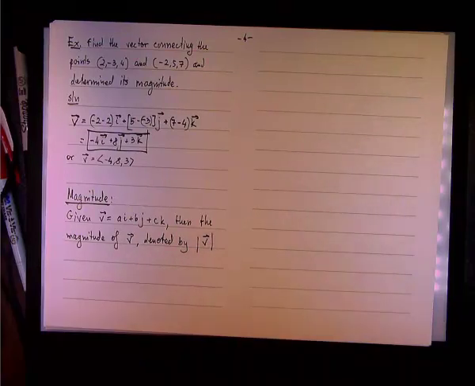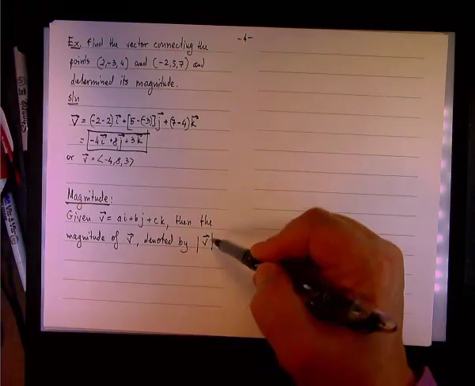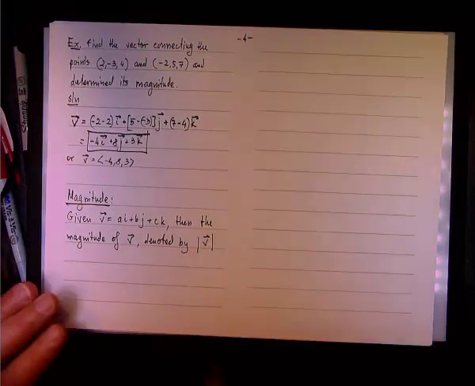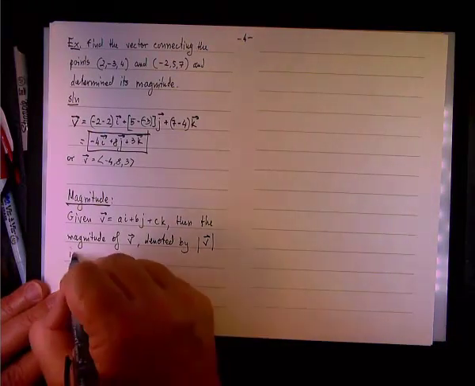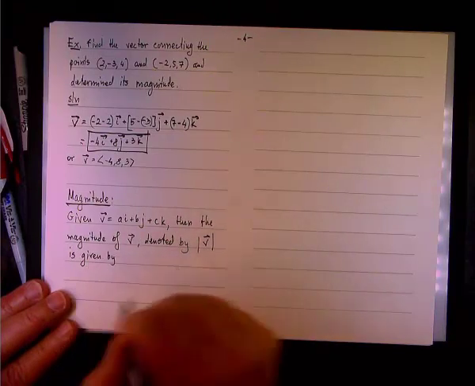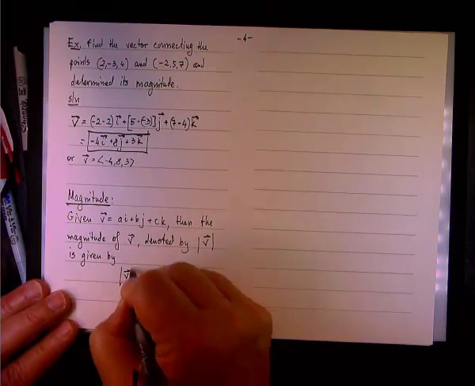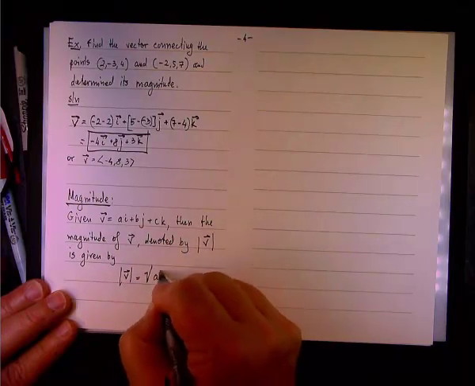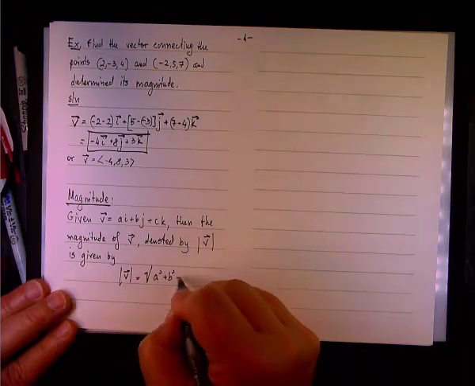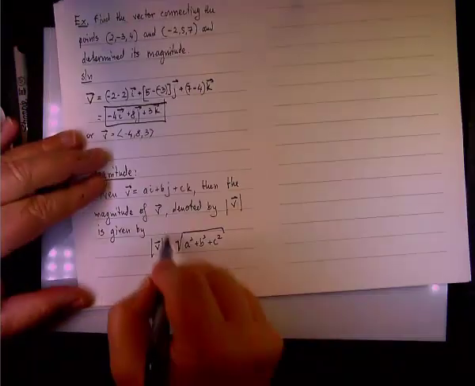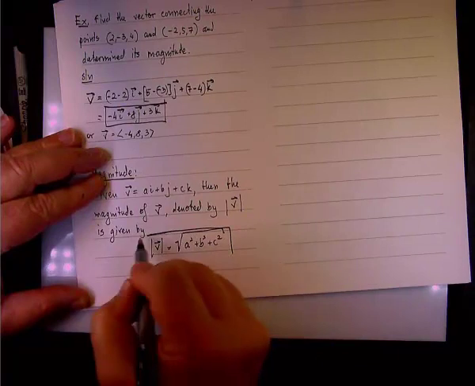As I said, the book used bold instead of an arrow anyway, is given by, so we're going to write v like so. It will be the square root of a squared plus b squared plus c squared, like so. Okay. So this is the general form.